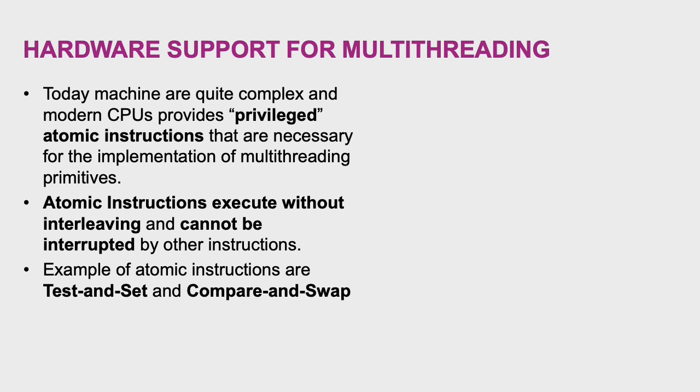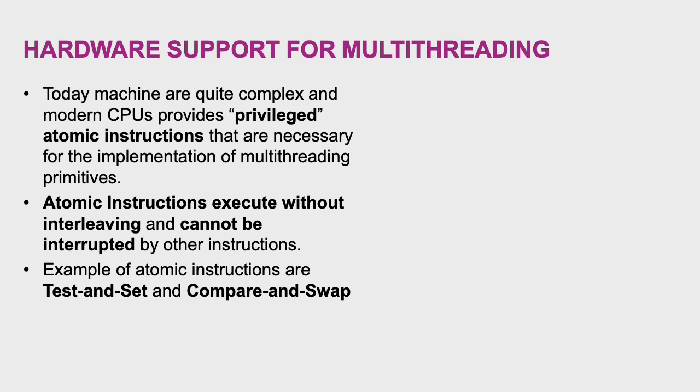With the increasing complexity of modern CPUs, it's really challenging to implement efficient application level or even kernel level primitives to address these issues. As a result, modern CPUs provide privileged atomic instructions that are necessary for the implementation of multi-threading primitives.